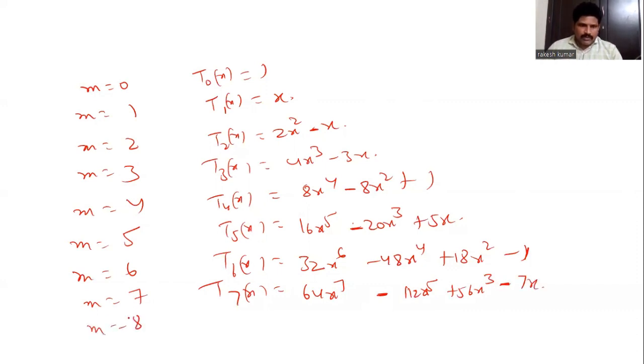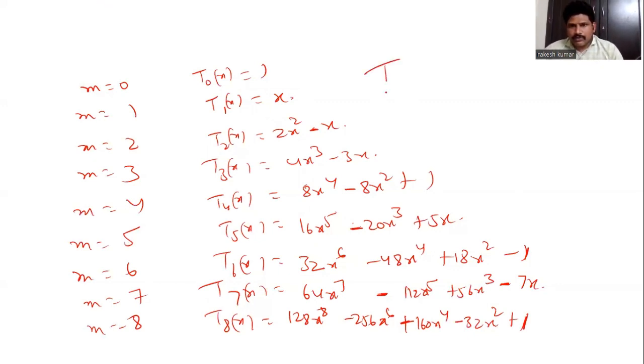Similarly for m is equal to 8, that is T8 of x is equal to 128x power 8 minus 256x power 6 plus 160x power 4 minus 32x square plus 1. Like this we can calculate these Chebyshev polynomials.